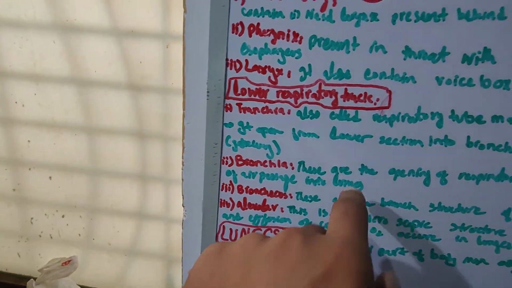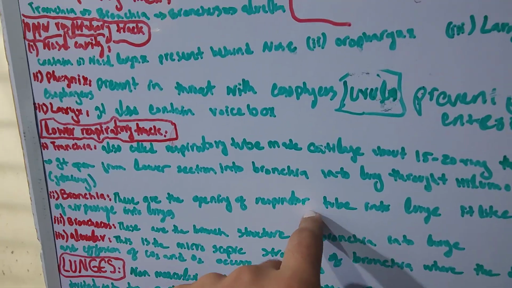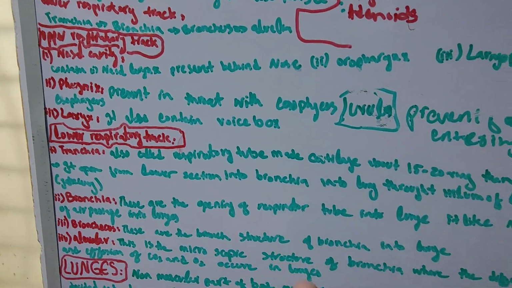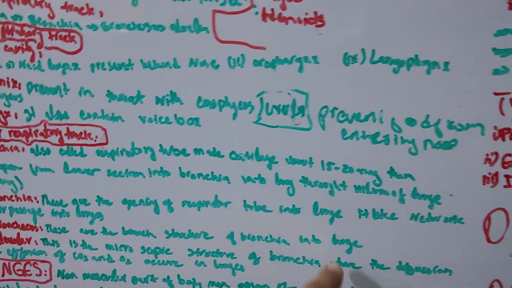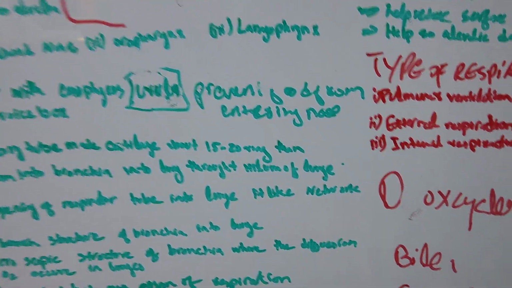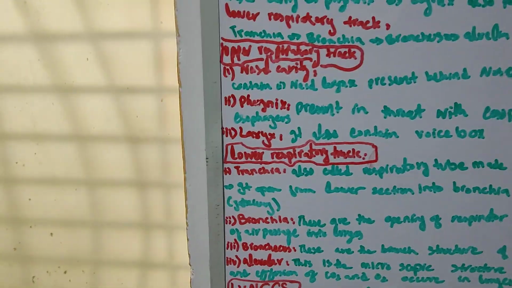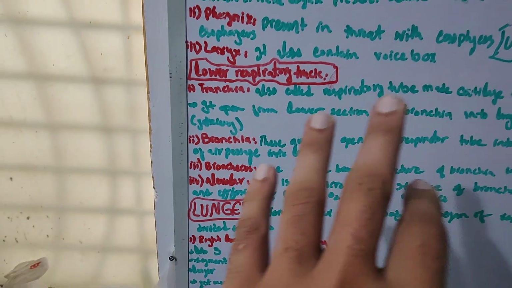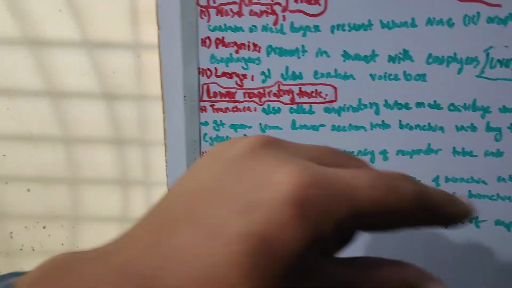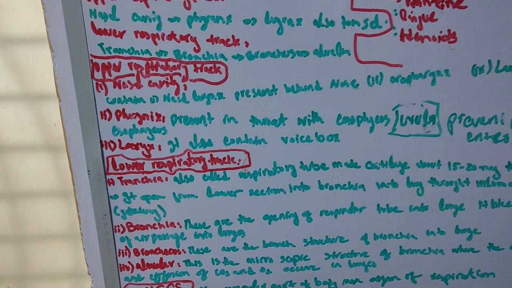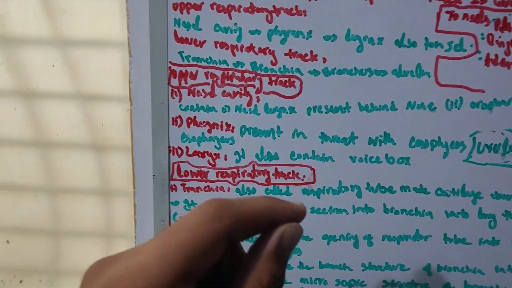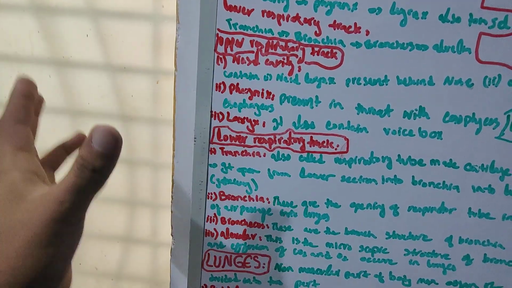Then we have bronchioles. These are the openings of the respiratory tube, the trachea, into the lungs. In the lungs it becomes a network of bronchioles, tiny thread-like structures. Bronchi are larger in diameter, bronchioles are smaller, like threads.